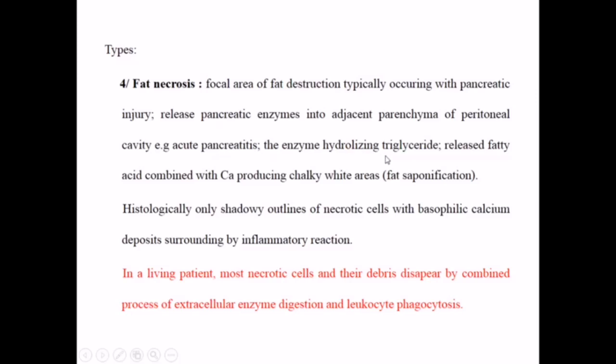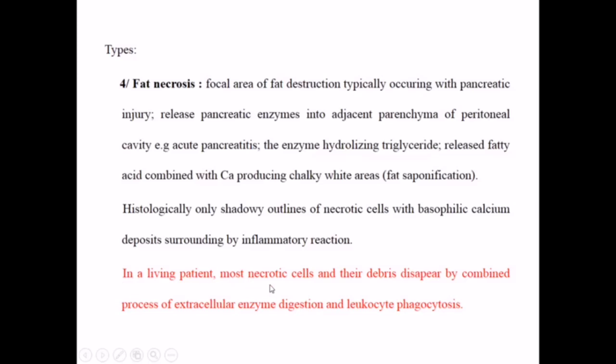Enzymes hydrolyze triglyceride and release fatty acid, which combines with calcium salt, leading to white areas, saponification. Histologically, under the microscope, it appears as shadowy outlines of necrotic cells with basophilic calcium deposition and inflammatory reaction.